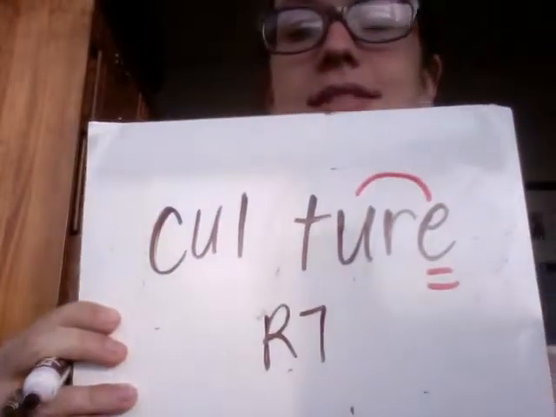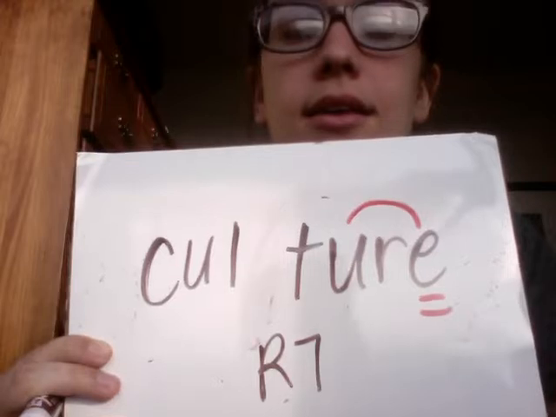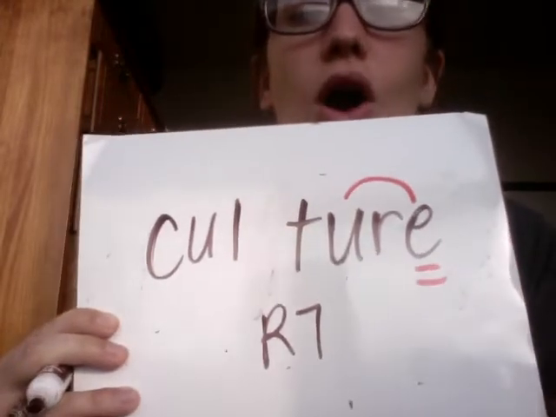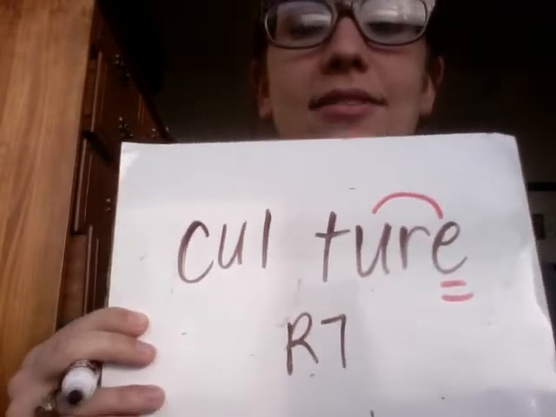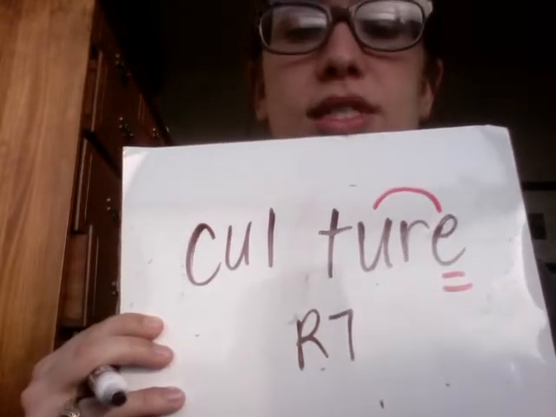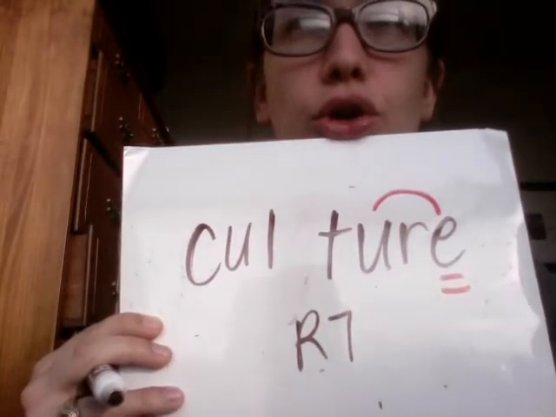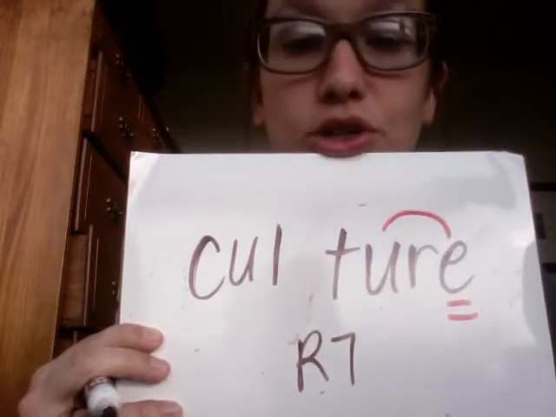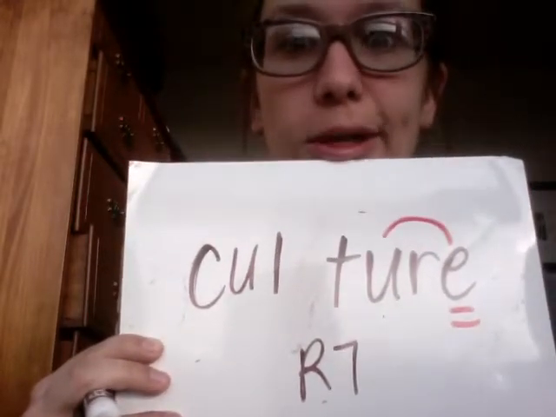Culture. Okay. C-U-L-T-U-R-E. We have a silent final E that makes the U say U. Culture. I say chur. You get the picture. It's a type 1 silent final E.